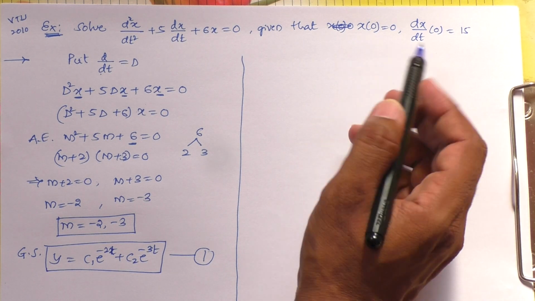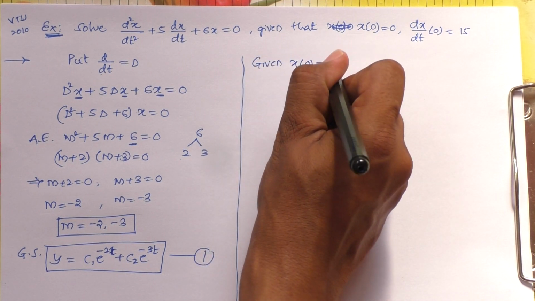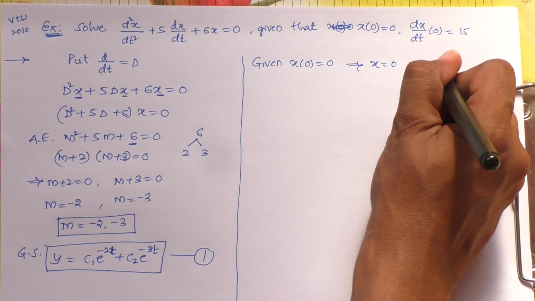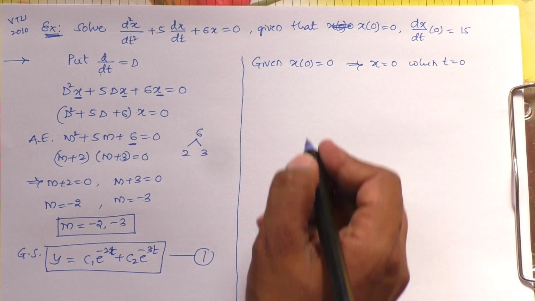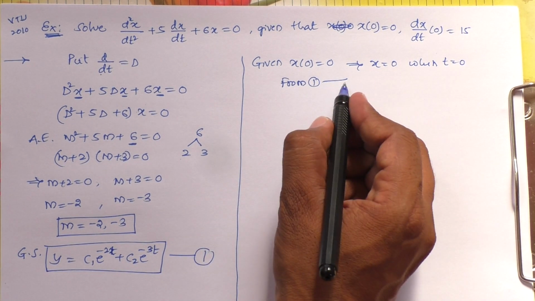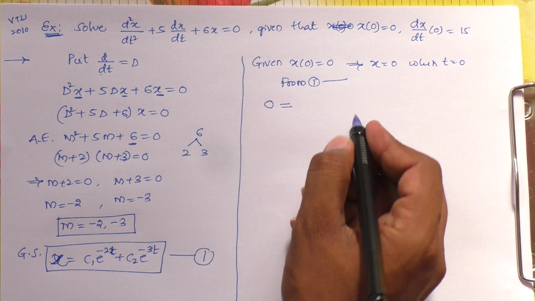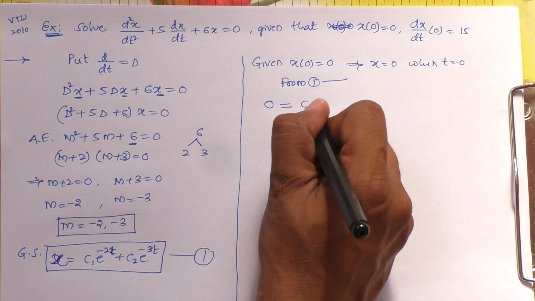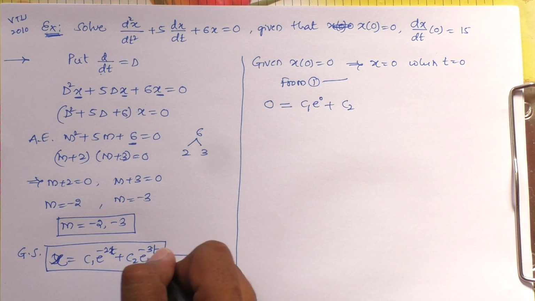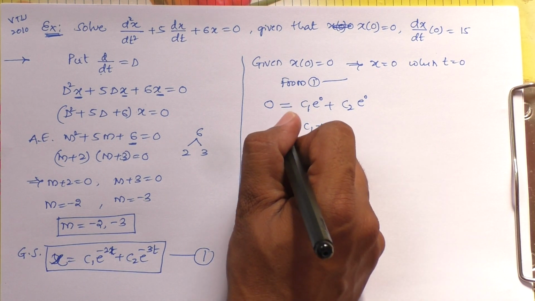First, let us apply x(0) = 0. Given x(0) = 0, it means x is 0 when t is 0. Substituting in equation 1, we get 0 = c1 e^0 + c2 e^0, so it can be written as c1 + c2 = 0.